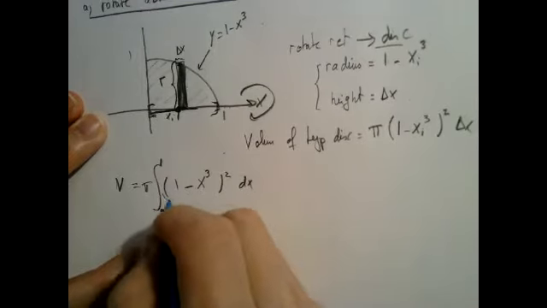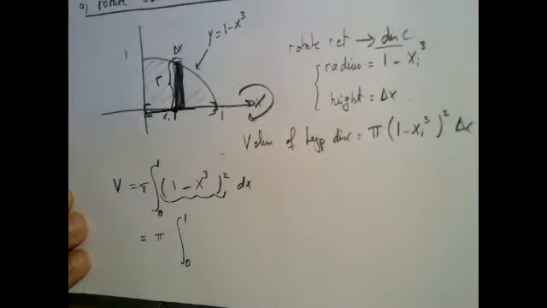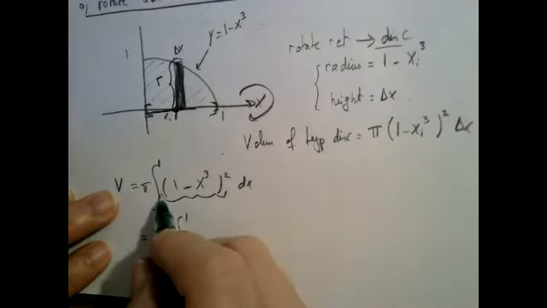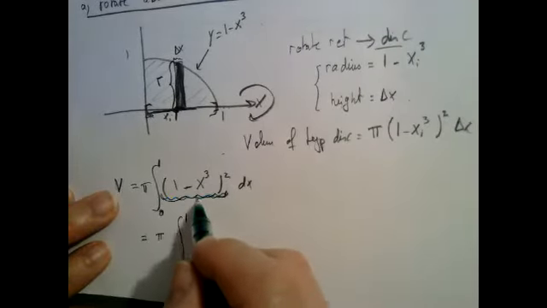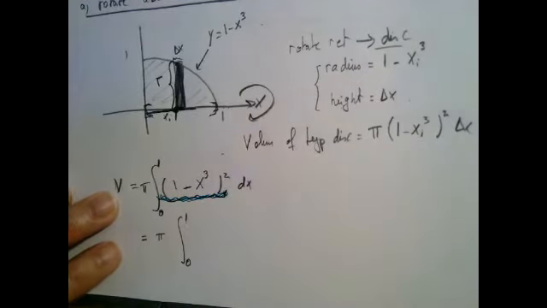Now, how am I going to integrate this piece, 1 minus x cubed, squared? Put it on chat if you don't have a microphone. How can I integrate this? What would you do if you had this problem? Exactly. We will have to distribute.